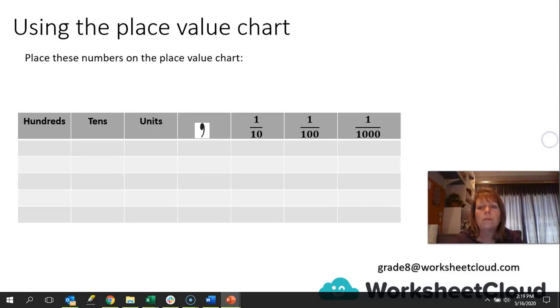Right. Place these numbers on the place value chart. Have a look at the place value chart first. You'll see that it's gone up to hundreds. Obviously, we know it goes up to thousands, 10,000s, 100,000s, millions, etc. Then it's hundreds, tens, units, then the decimal comma, then tenths, hundredths, and thousandths. We can write it like that, or we can write it in words.